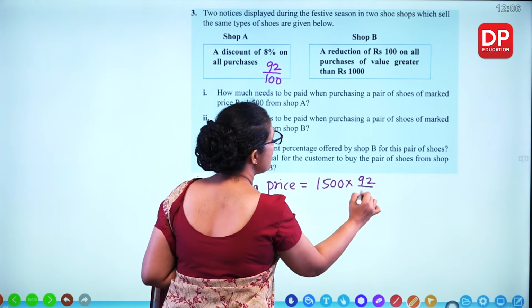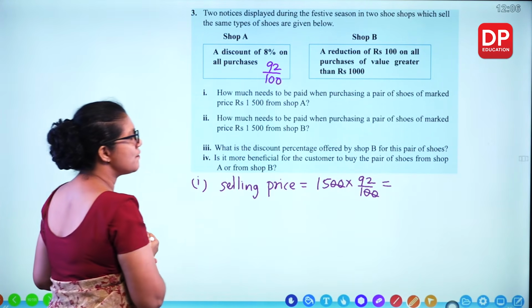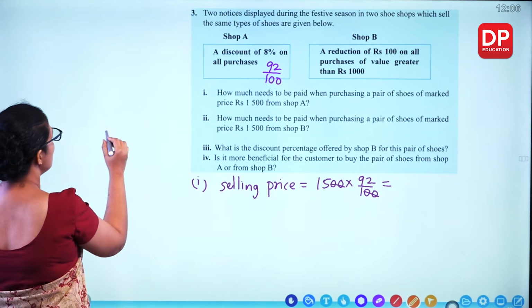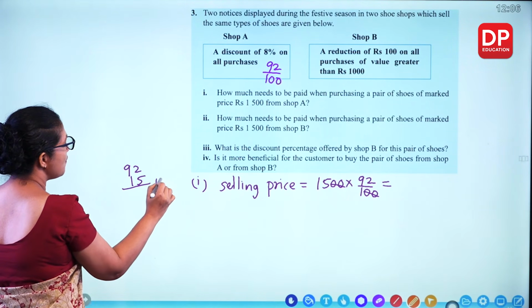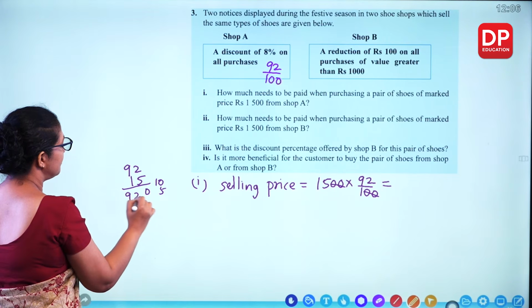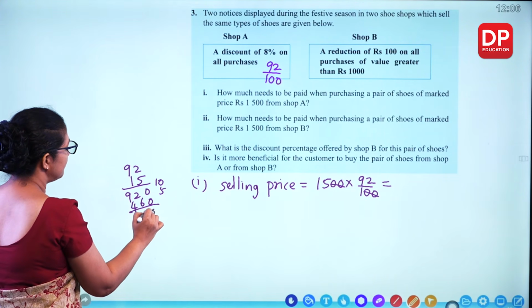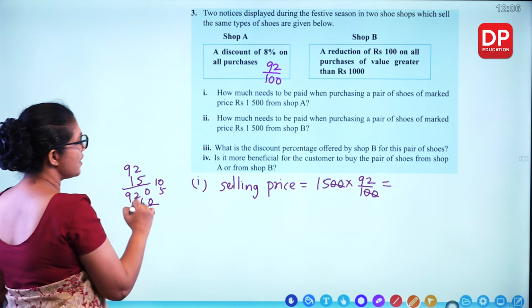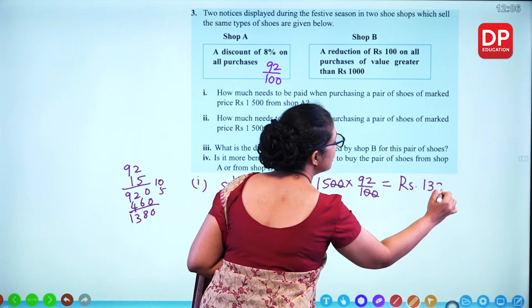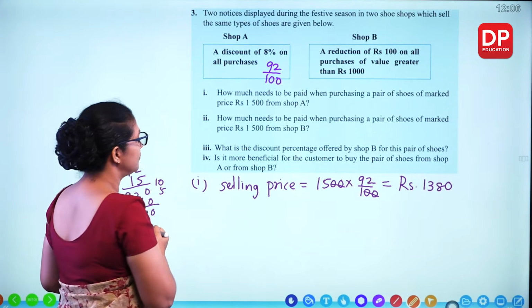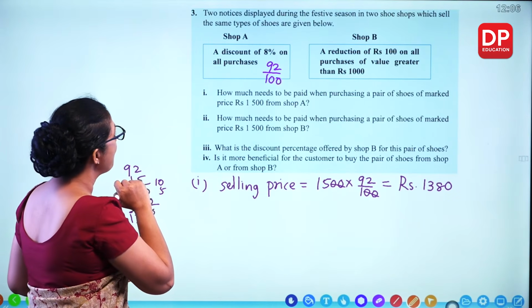So 92% of that. 2 zeros, that means 15 times 92. So 92 multiplied by 15. 1380. Then that's from shop A. Part 2.